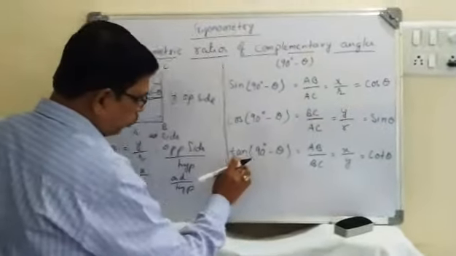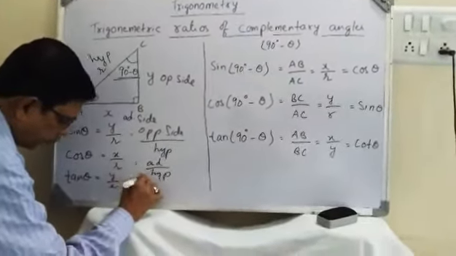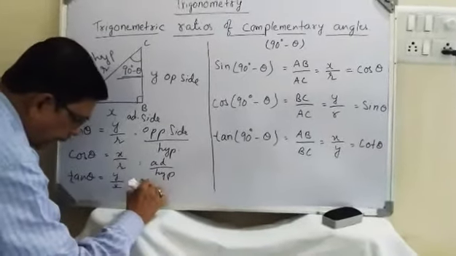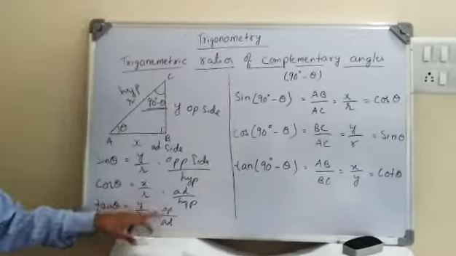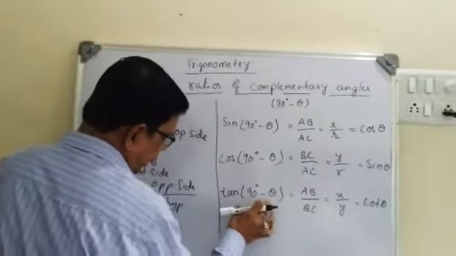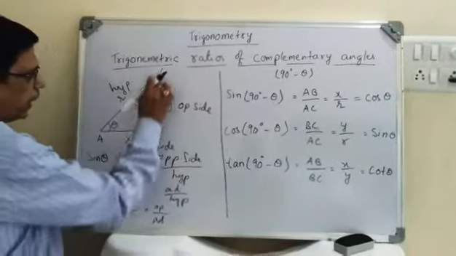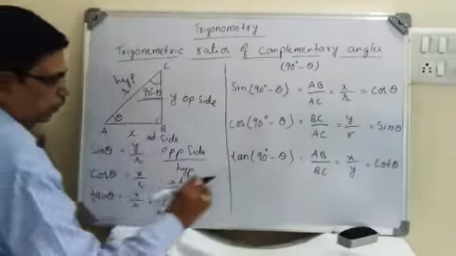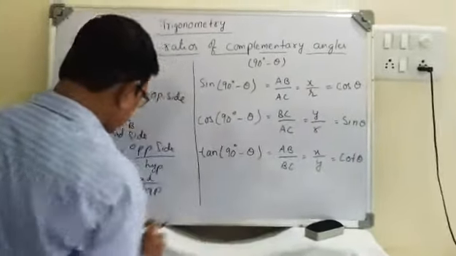Similarly, we can prove for tan 90 minus theta. The ratio of tan is opposite side by adjacent side. With respect to 90 minus theta, the opposite side is AB and the adjacent side is BC. So I took AB by BC, that is x by y.